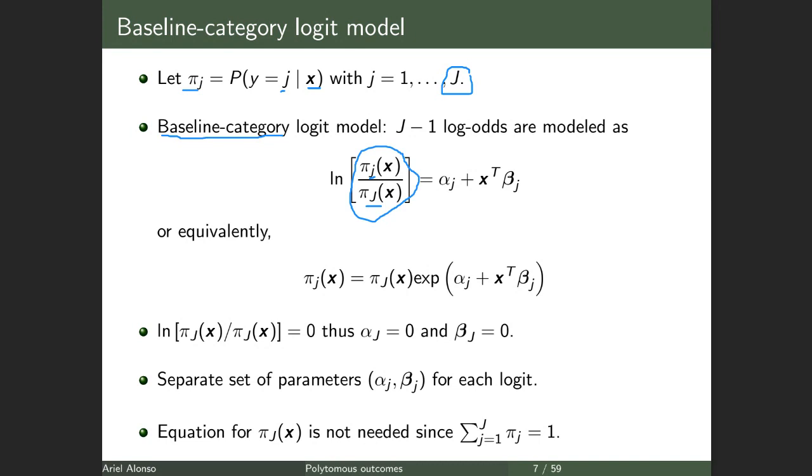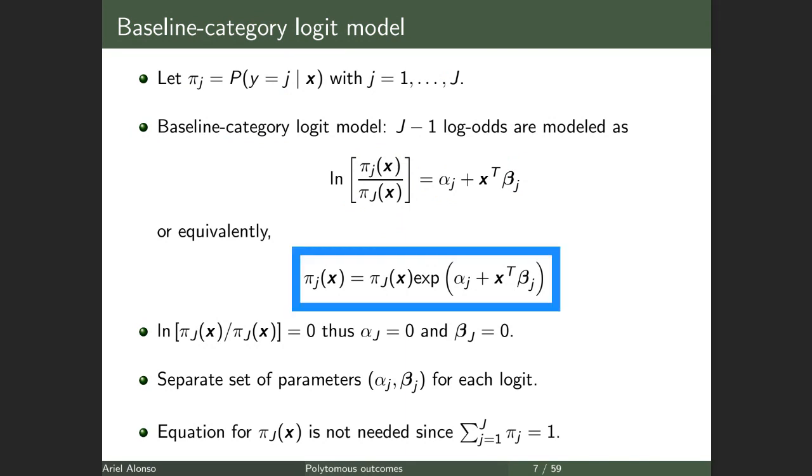You model that just as a function of the linear predictors, where you have an intercept and the vector of covariates. Or equivalently, it's easy to see that the probability of observing outcome j is the probability of observing the reference outcome, which in this case is the last one, times the exponential of the linear predictors.